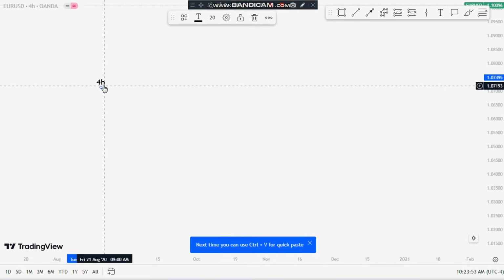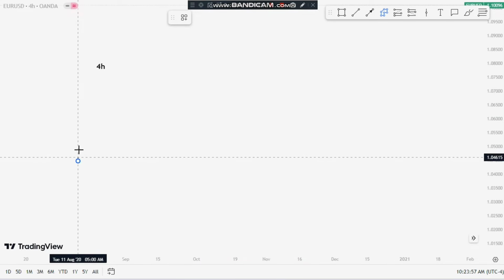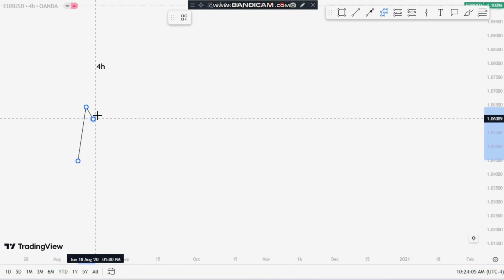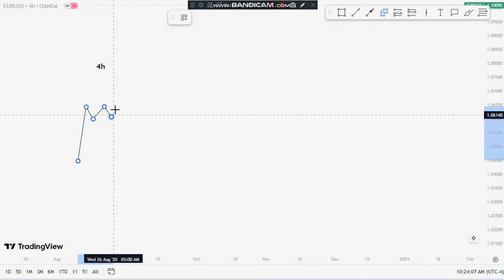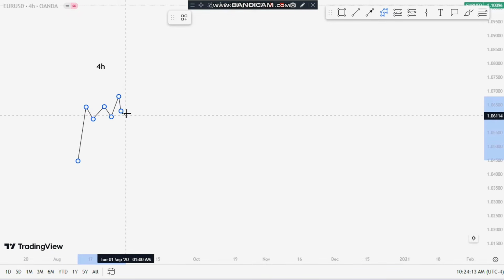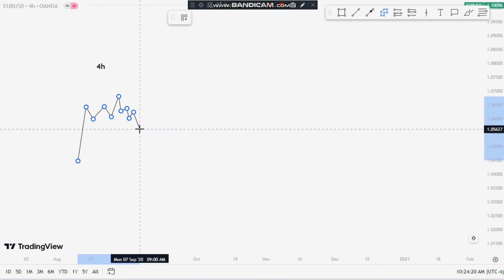What happens in this model is that the price quickly goes up. So you get a quick move up, then we see consolidation for some time, and we get a higher high. Then the price again moves up and down for some time, and then we get a lower low.